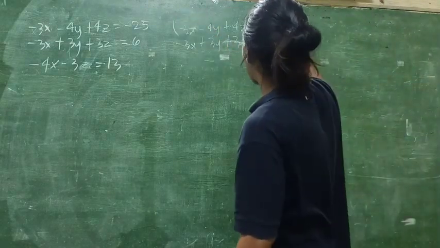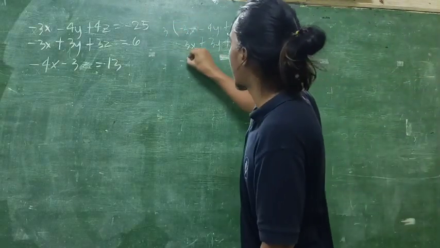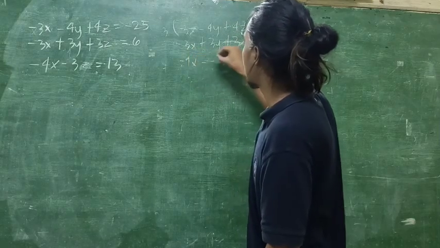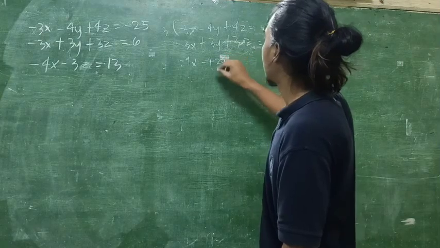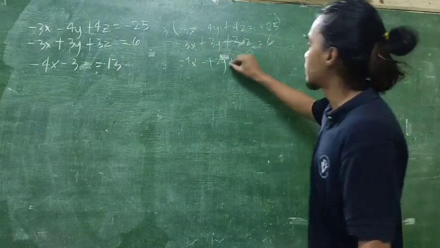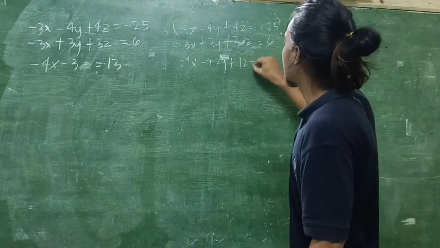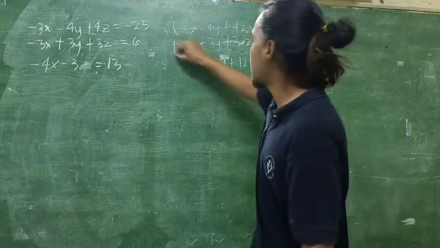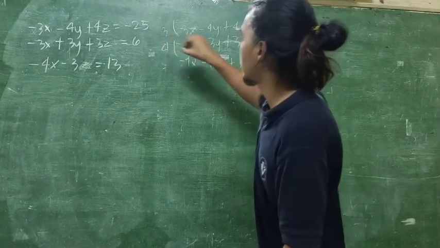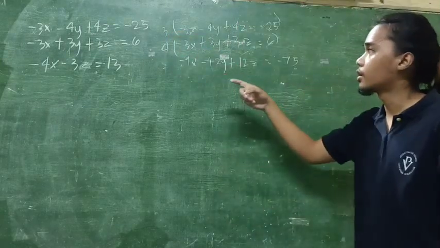So multiply this side by 3: negative 9x minus 12y plus 12z equals negative 75. And multiply this side by 4 in order for us to eliminate the y.